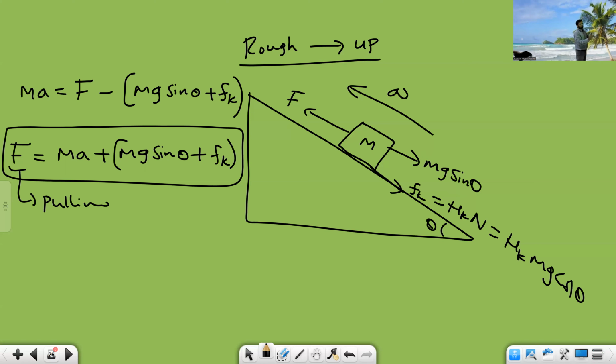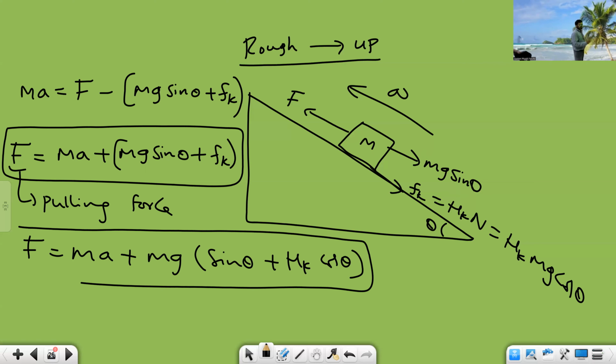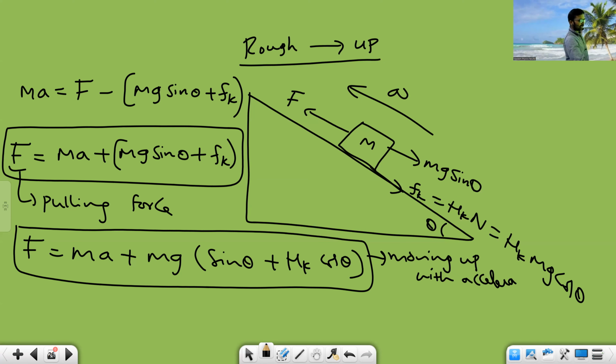From this, if I take mg common, I can write F equals ma plus mg (sin theta plus mu k cos theta). This is for moving up with acceleration.